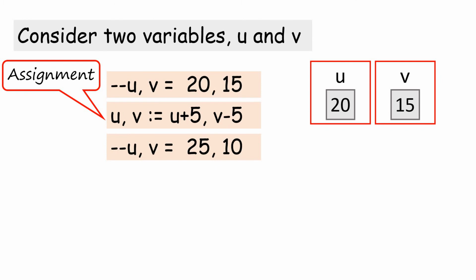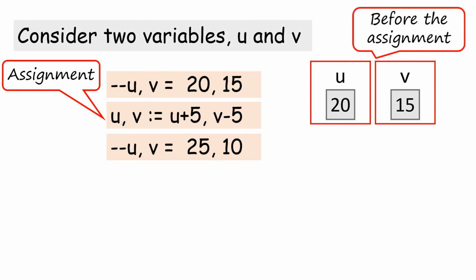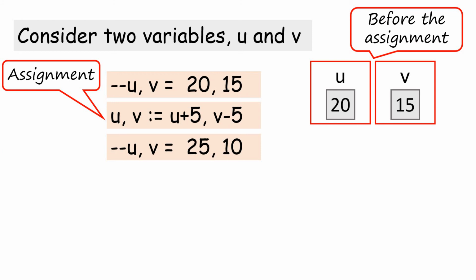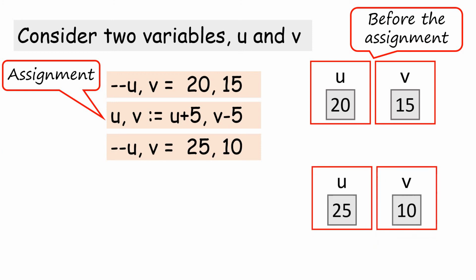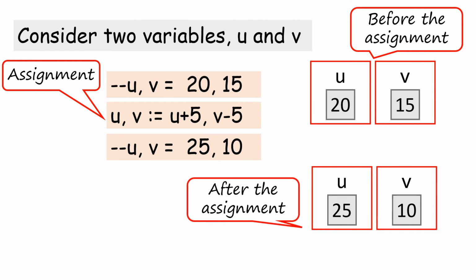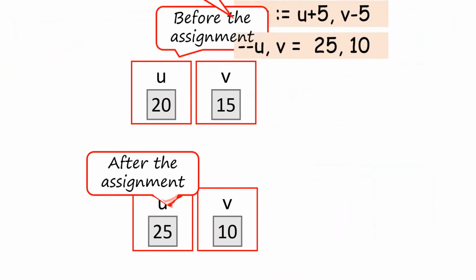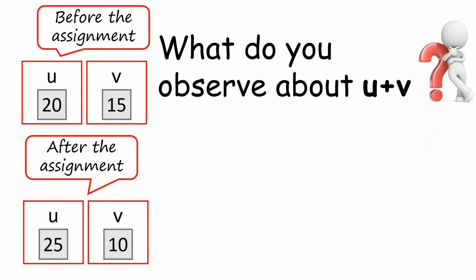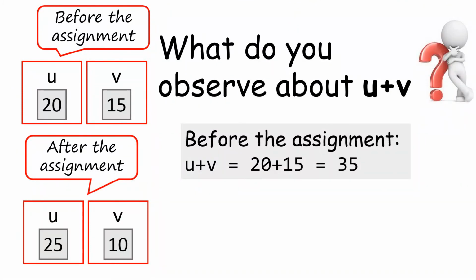20 and 15 are the values of u and v before the assignment. 25 and 10 are the values of u and v after the assignment. What do you observe about u plus v? Before the assignment, u + v = 20 + 15 = 35.